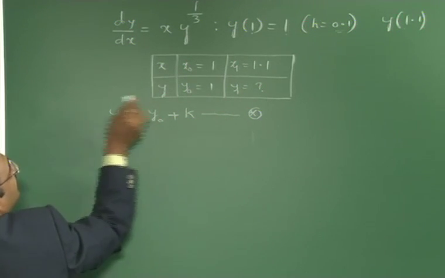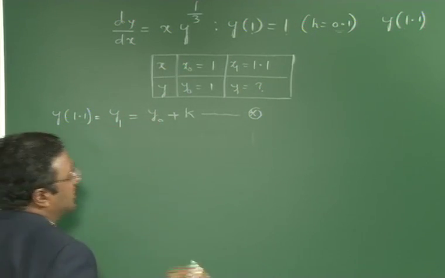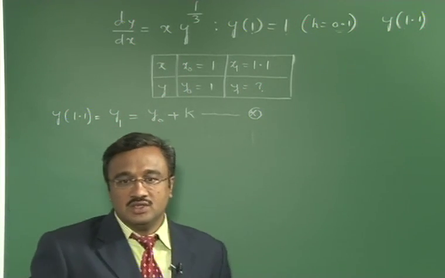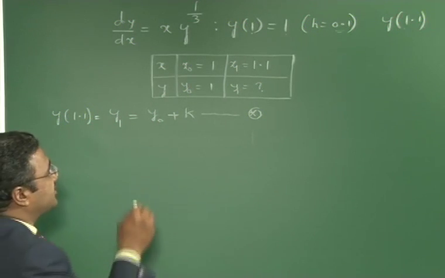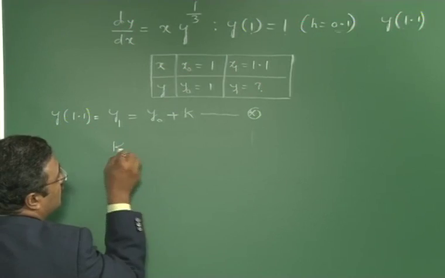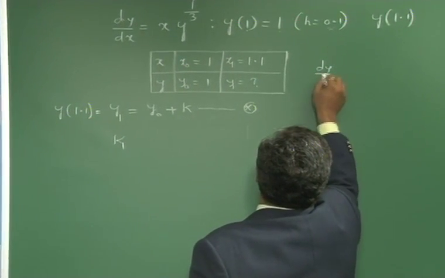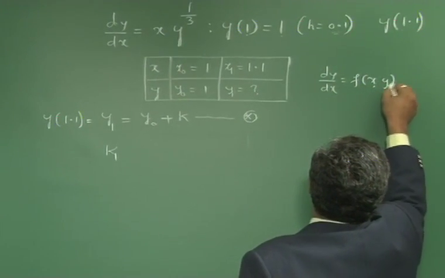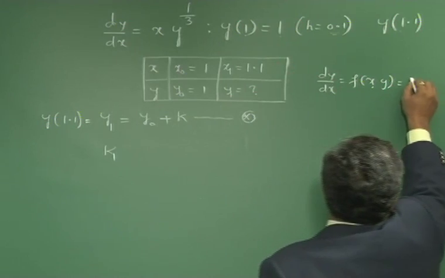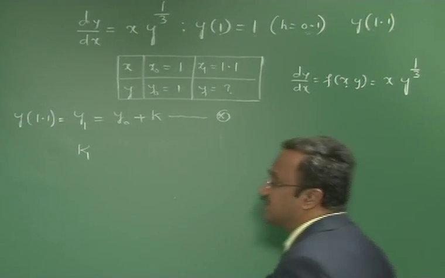This y1 we can also call y of 1.1, or simply y1. Here k can be calculated in 4 stages. For the first stage, k1, we have to use the formula, and before that we have to take the derivative as a function, f of x comma y. It gives x into y to the power of 1 by 3. We treat this as the function.